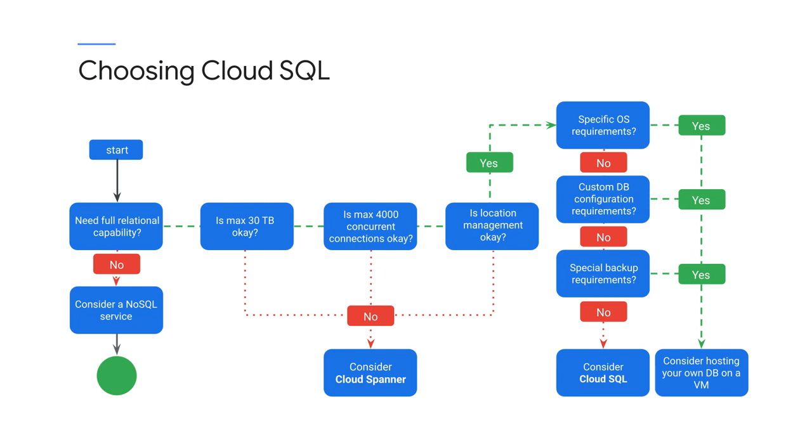If you have no concerns with these constraints, ask yourself whether you have specific OS requirements, custom database configuration requirements, or special backup requirements. If you do, consider hosting your own database on a VM using Compute Engine. Otherwise, I strongly recommend using Cloud SQL as a fully managed service for your relational databases.